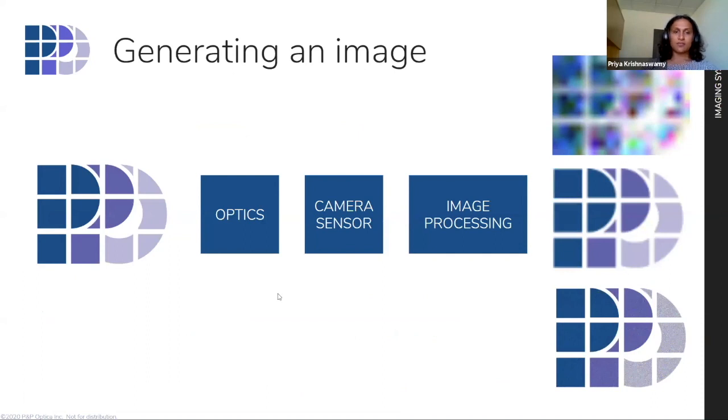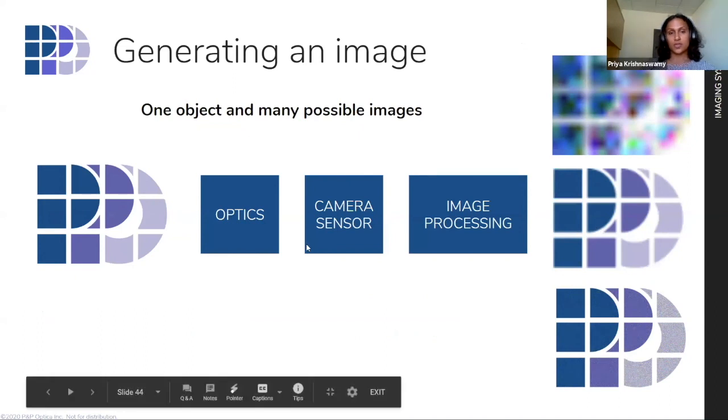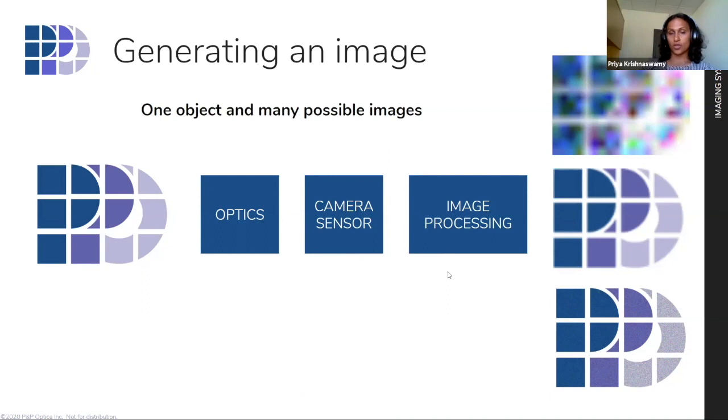And now that we have looked at noise, we talked about optics, and we talked about resolution. So when we generate an image, for example, we have the PPO logo here, and there's always going to be one object and many possible images, because optics, camera sensor, and image processing are all working together.